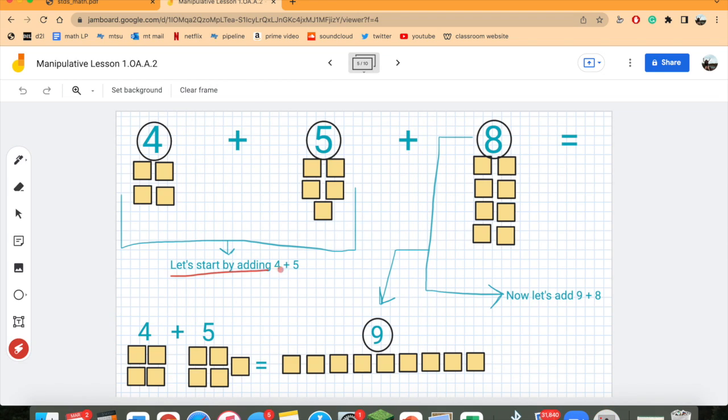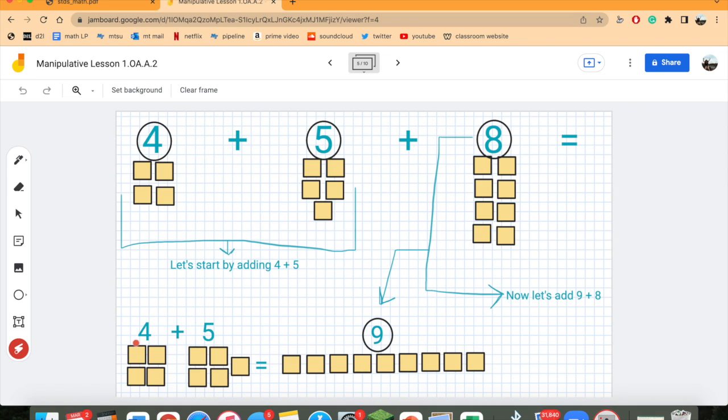So we're going to start by adding 4 plus 5. So we have 1, 2, 3, 4, and we have 1, 2, 3, 4, 5.